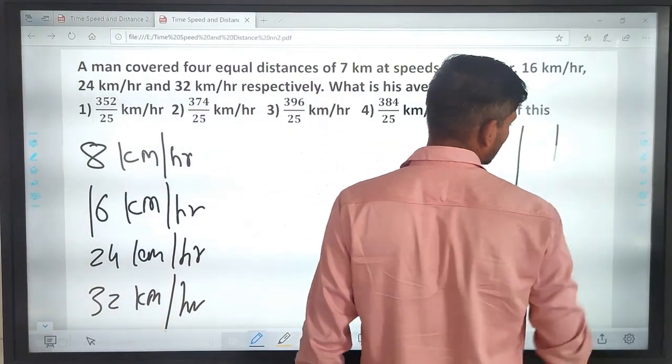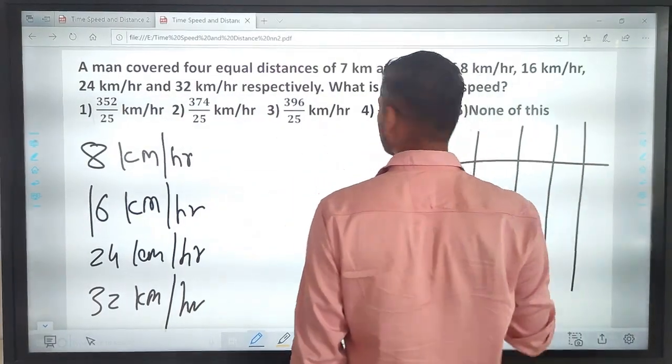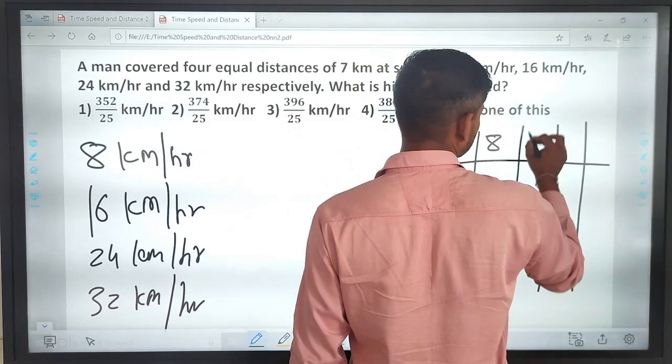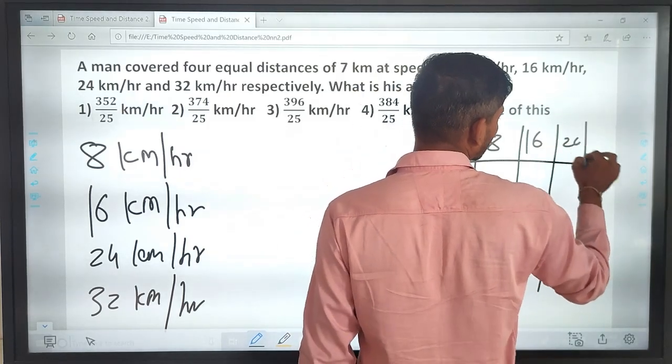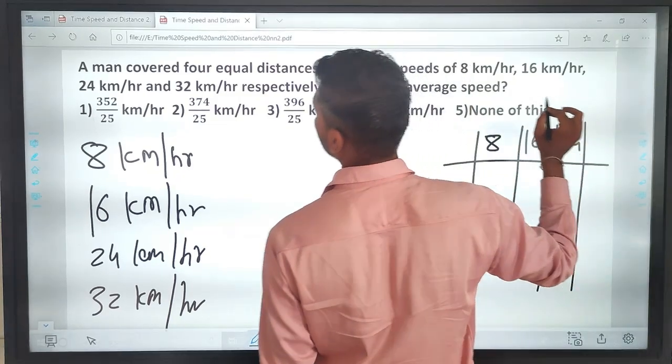Here the 4 speeds are different but the covered distance is the same. Now here we take the distance as the LCM of these speeds, 8, 16, 24 and 32.